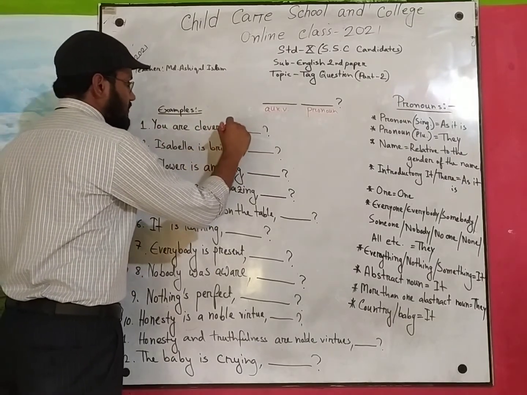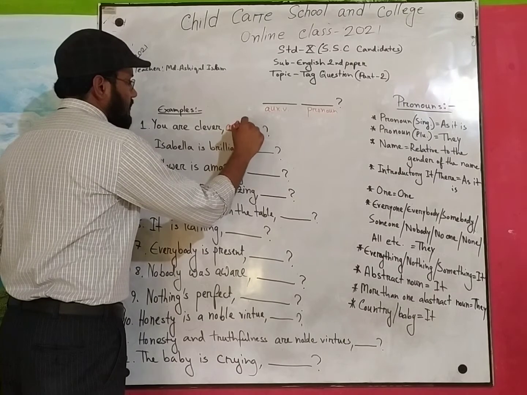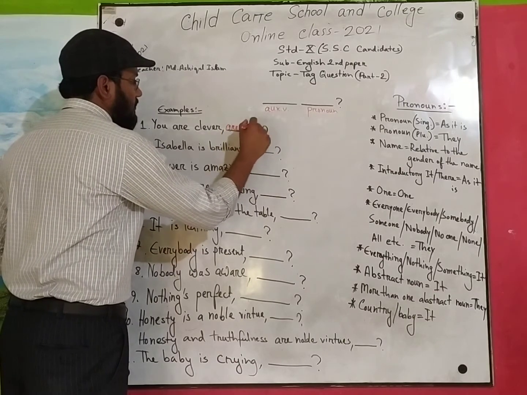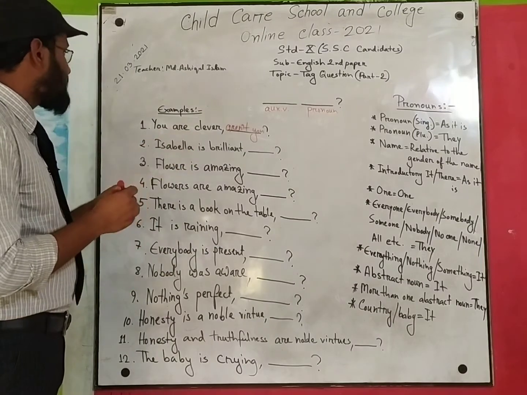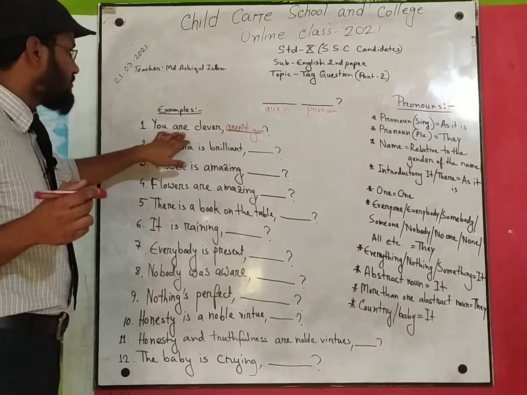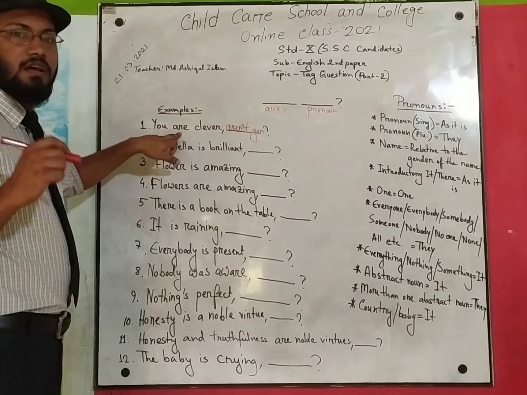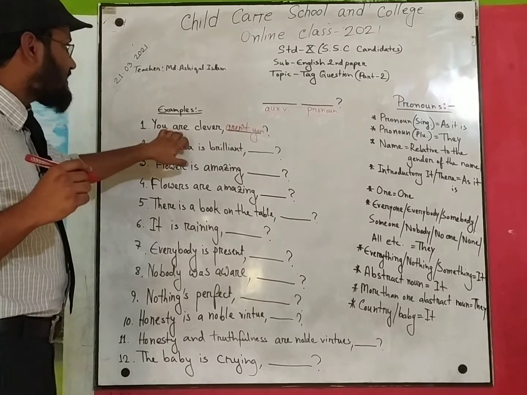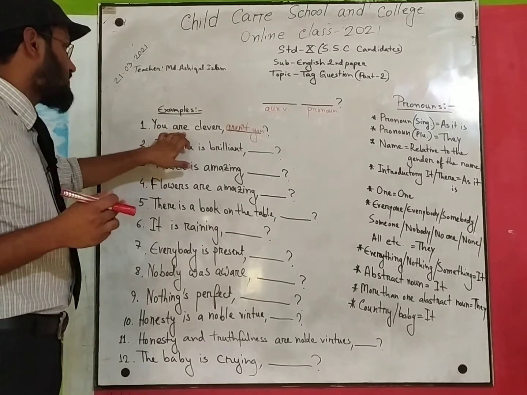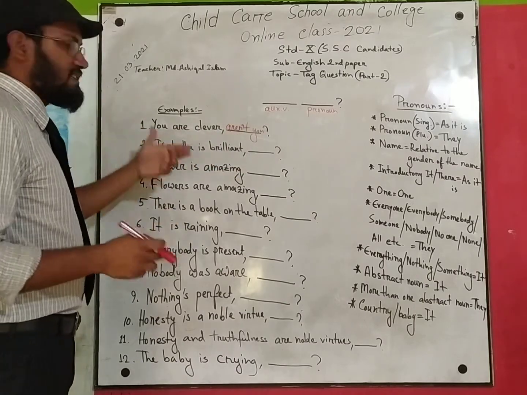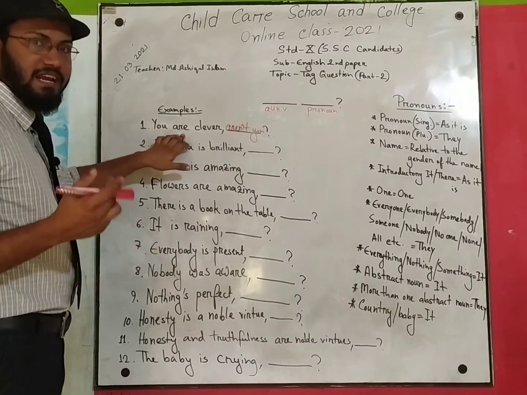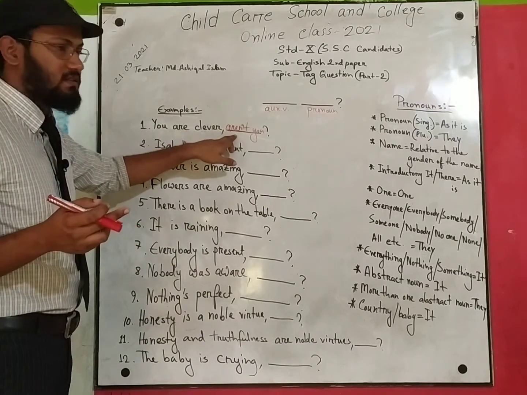So our answer will be aren't you, because the sentence is in affirmative sense. I told you before in the first part of the video that if our sentence is in the affirmative or positive sense, our tag question should be in the negative sense, all right? And vice versa. If the sentence is in negative sense, our tag will be in the positive or affirmative sense.